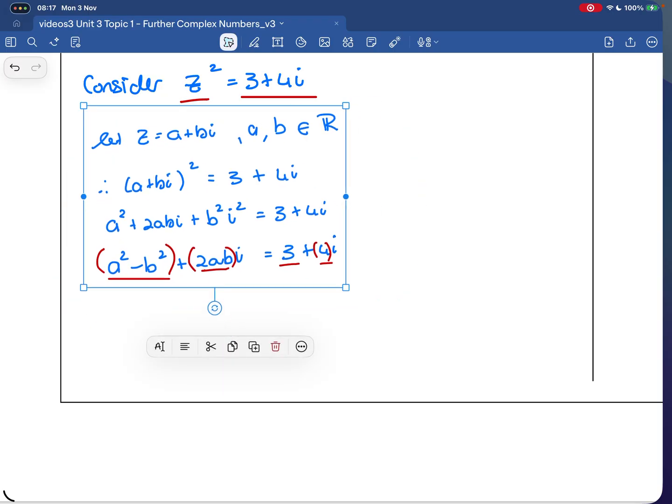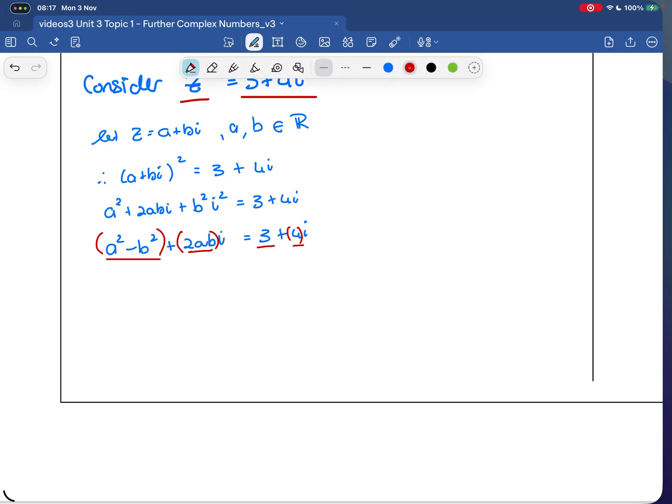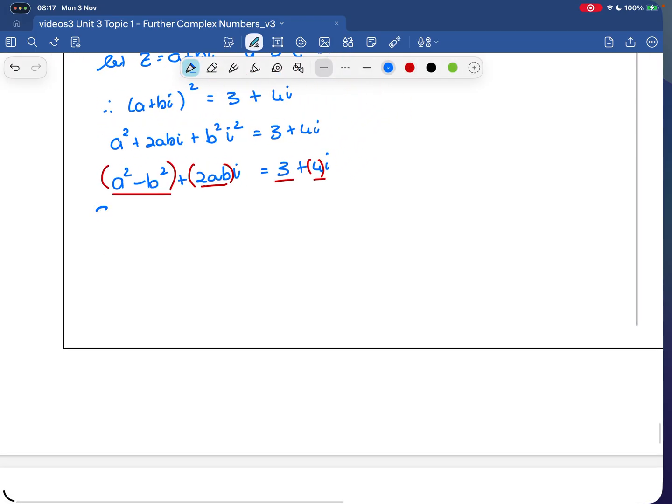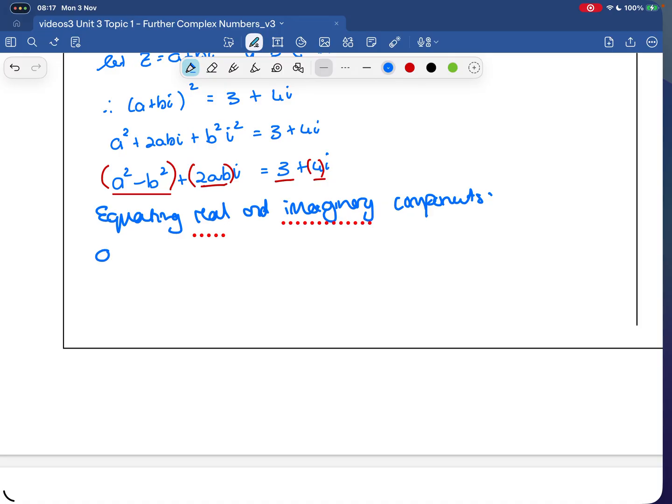I'm just going to shrink this a little bit so that I can finish it over here. So equating real and imaginary components, I have that a squared minus b squared is equal to 3. And I have that 2ab is equal to 4.